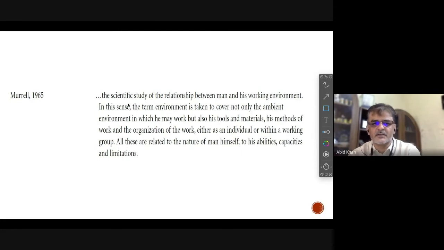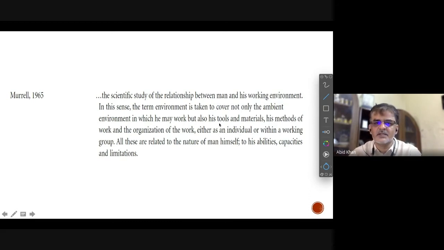The first one is the scientific study of the relationship between man and his working environment. In this sense, the term environment covers not only the ambient environment, temperature, humidity, air velocity, but also your interaction with other people, peers, working machines, and surrounding construction.